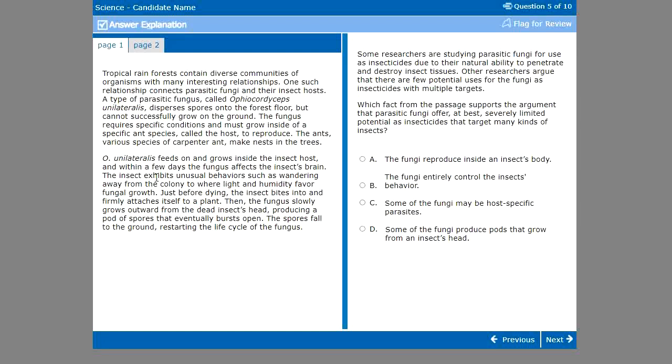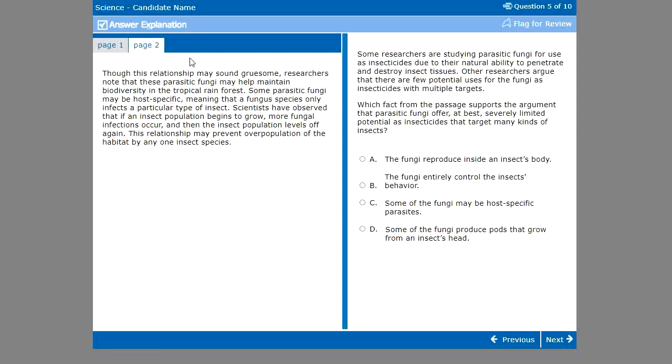The insect exhibits unusual behaviors such as wandering away from the colony to where light and humidity favors fungal growth. Just before dying, the insect bites into and firmly attaches itself to a plant. Then the fungus slowly grows outwards from the dead insect's head, producing a pod of spores that eventually bursts open. The spores fall to the ground, restarting the life cycle of the fungus.